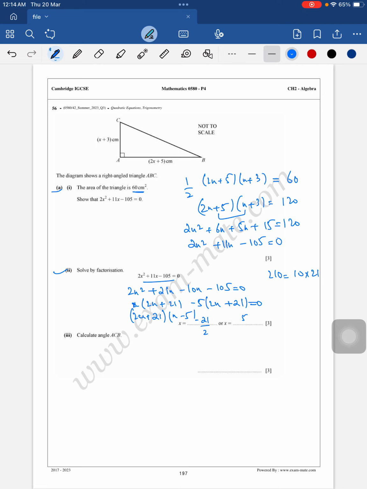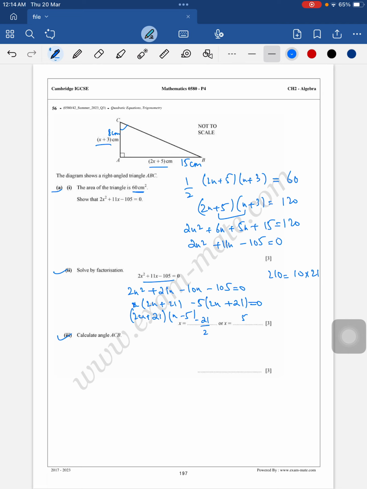Calculate angle ACB. ACB, that is this. In order to find ACB, we should plug in the values of x in this side and this side. Since a negative value could not be chosen, x is 5 basically. So 2 5s are 10, 10 plus 5 is 15 centimeter. And the other one, 5 plus 3 is 8 centimeter, right?